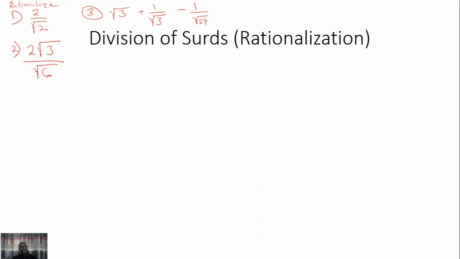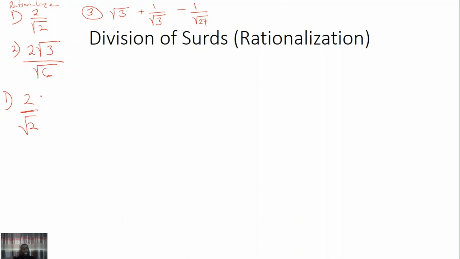Let's go to exercise number 1. They say we should rationalize 2 over root 2. When you want to rationalize a fraction having a surd as its denominator, it's very important to first of all simplify the surds, and after that you multiply by the denominator.